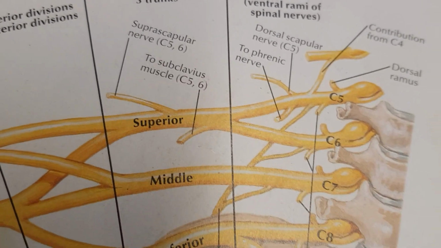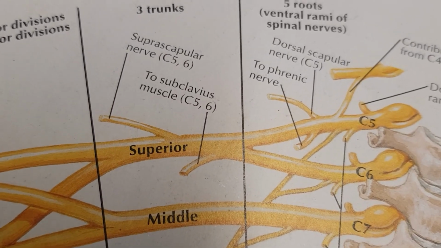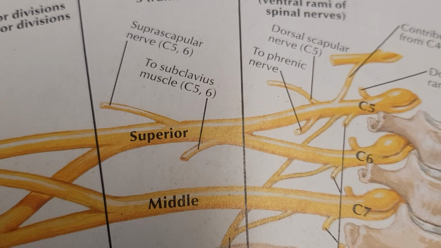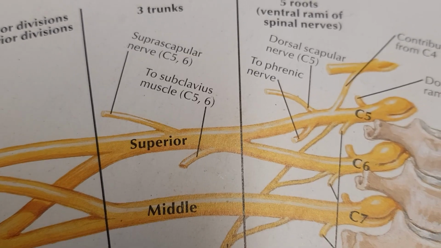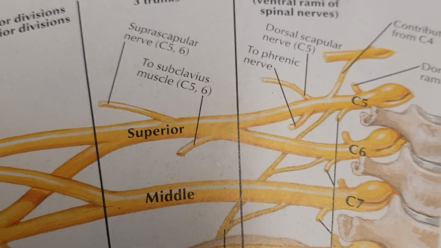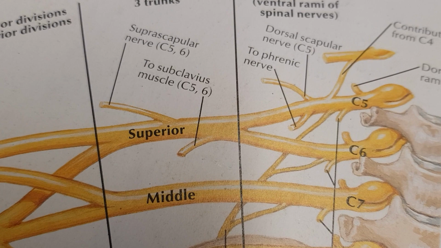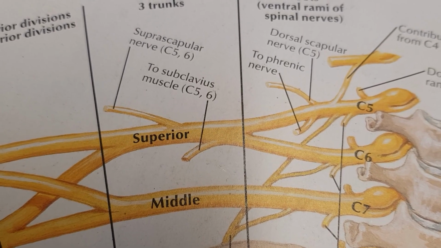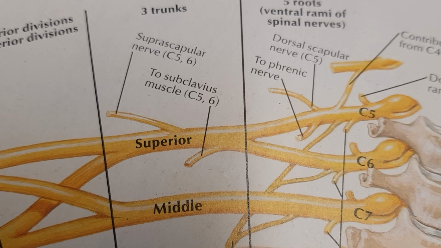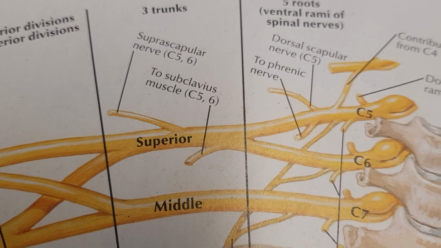The suprascapular nerve will supply 2 muscles, called supraspinatus and infraspinatus. Supraspinatus and infraspinatus are part of the rotator cuff muscles, and supraspinatus helps with abduction of the arm, especially the early 10 to 15 degrees of abduction.